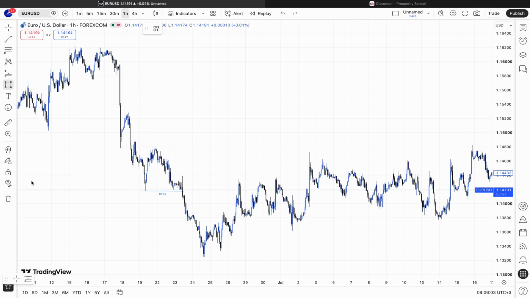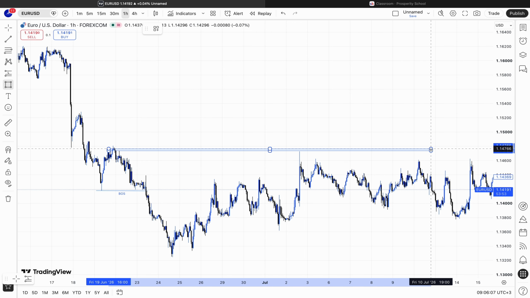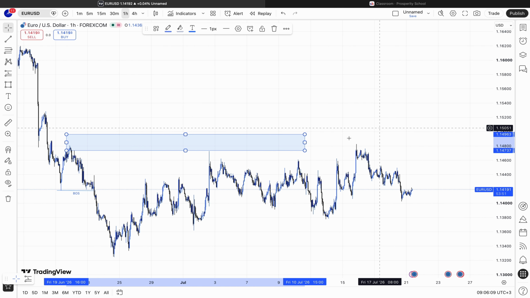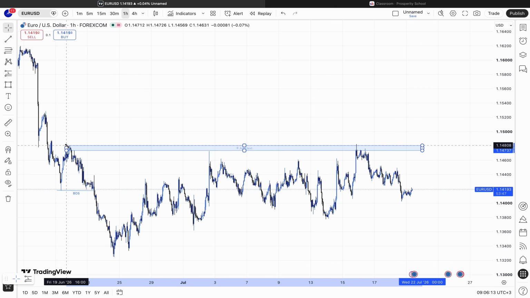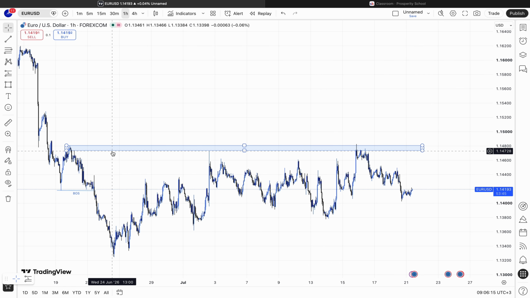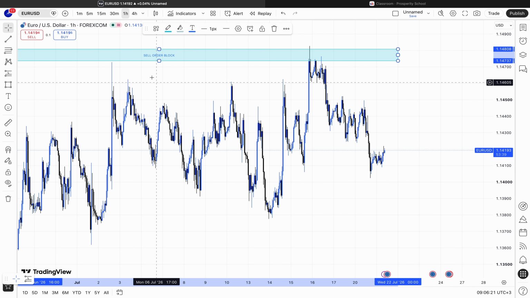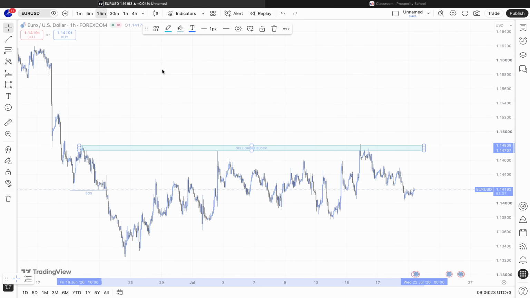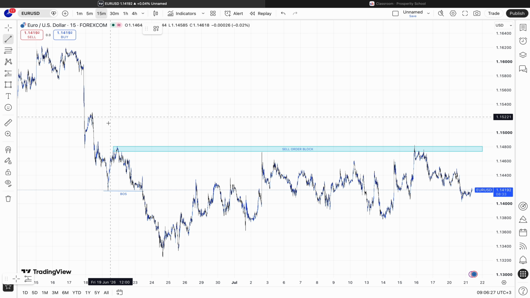And then we had our order block, which is here, and then you had a clean sweep from there. You can clearly see. And then from here, we had to go down to our internal market structure.